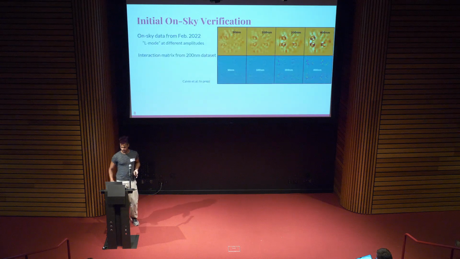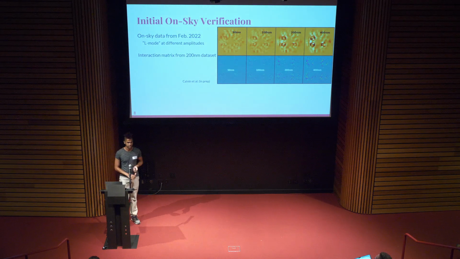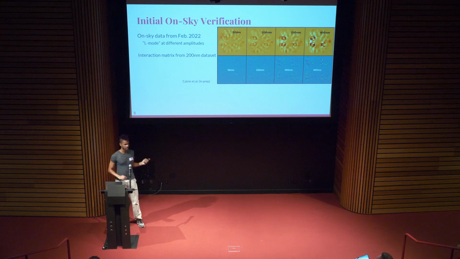We also have a bit of on-sky data. In February of 2022, Sam Ragland took a bit of data on sky where he put different amplitudes of what he refers to as L modes. So a few different pistoned segments in an L shape, and we were able to use this data to sense how well this method that I developed operates on sky.